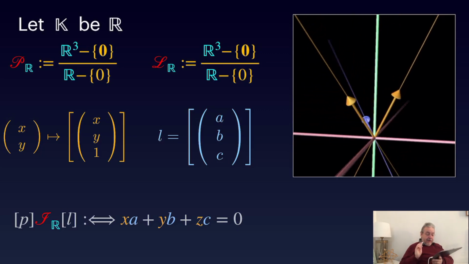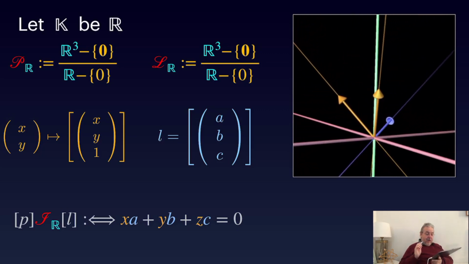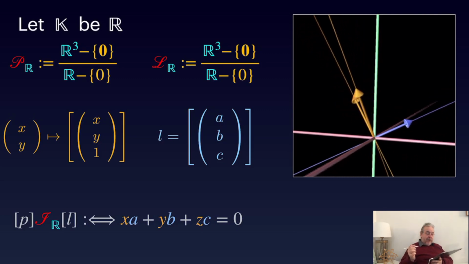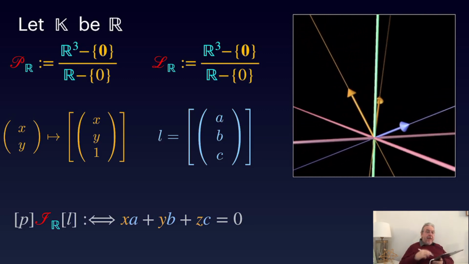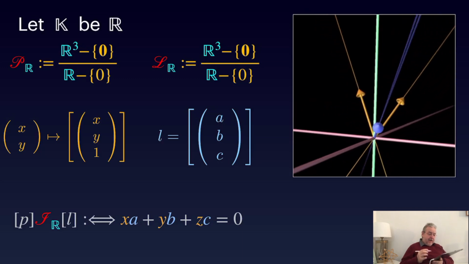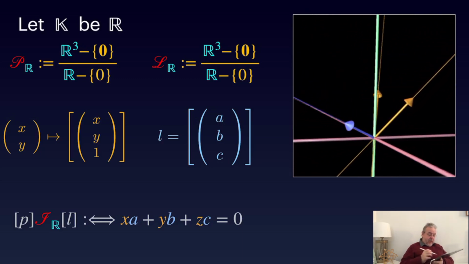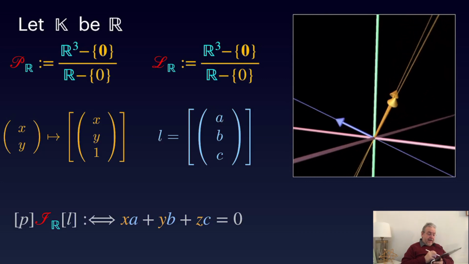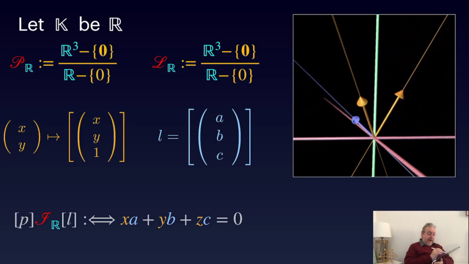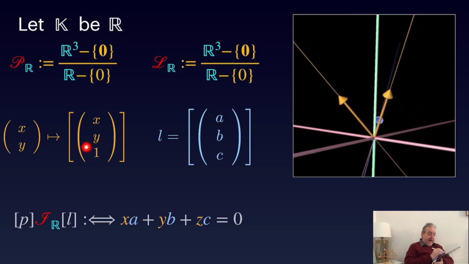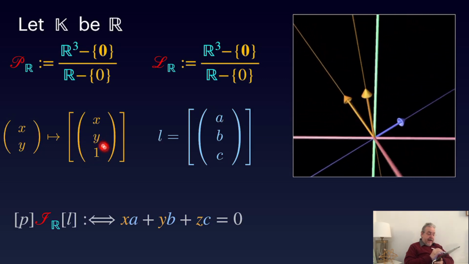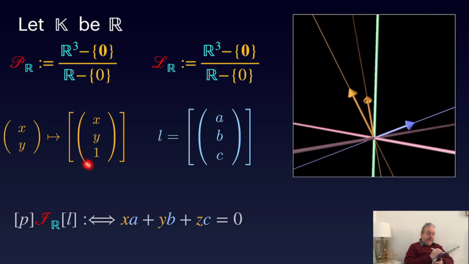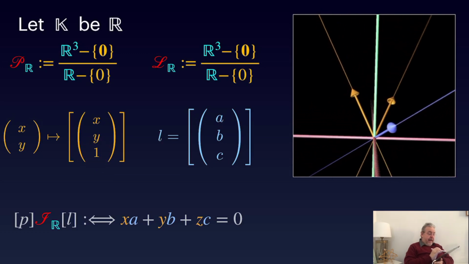Let me first think, what is the plane we are talking about? There are many choices, and one of those choices will be taken very often. One of the natural choices is to put everything on the z equals 1 plane.